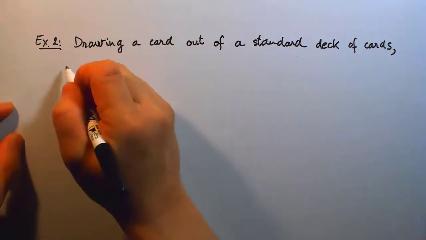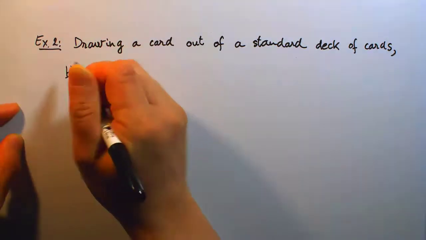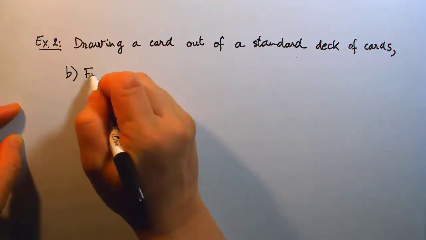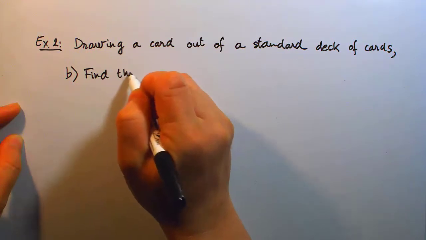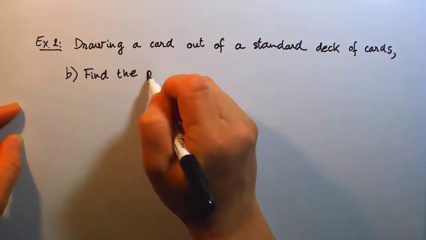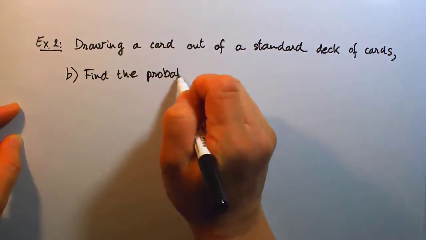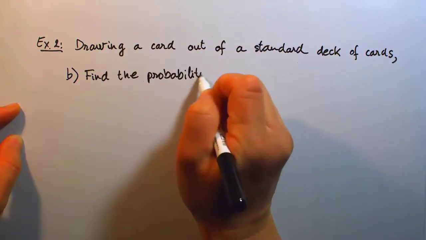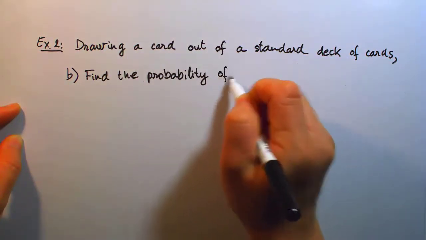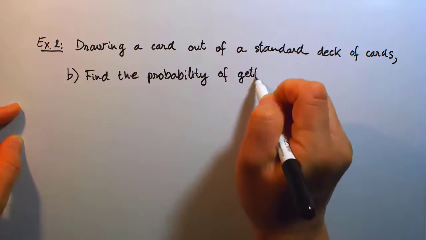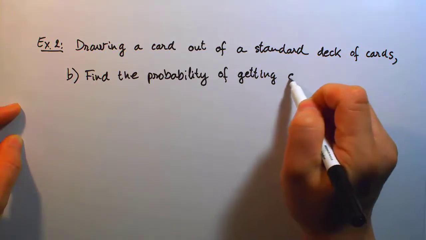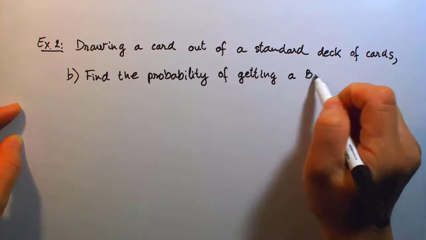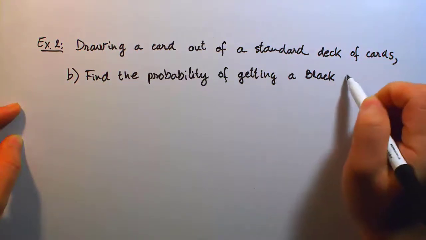In our next question, we're starting to look for the actual probability. So we'll be asking, find the probability of getting a black king.